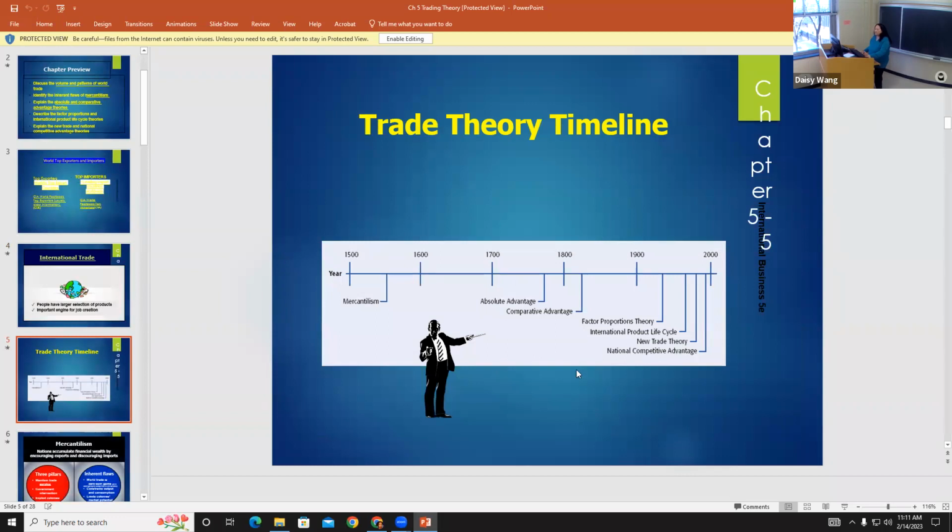So we have different trade theories. A very long time ago, we have mercantilism, from the word merchant. I don't know how to pronounce this.